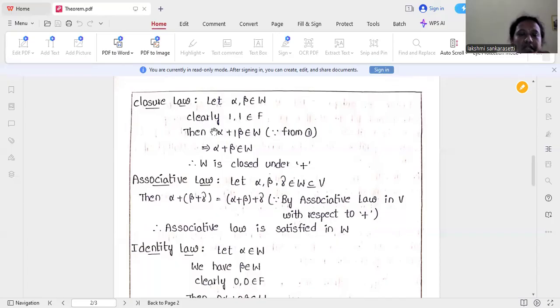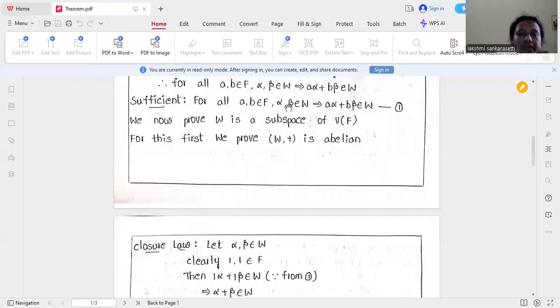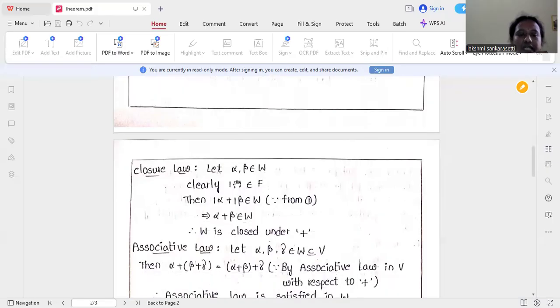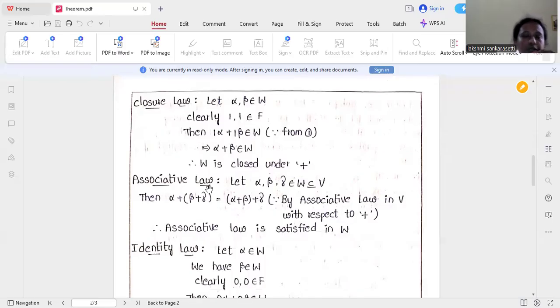And then we can write 1 into alpha plus 1 into beta belongs to W by using the converse assumption, that is, for a, b belongs to F, alpha, beta belongs to W implies a alpha plus b beta belongs to W. The combination a alpha plus b beta also belongs to W by assumption. And then alpha plus beta is also an element of W. So therefore, plus is closed in W.